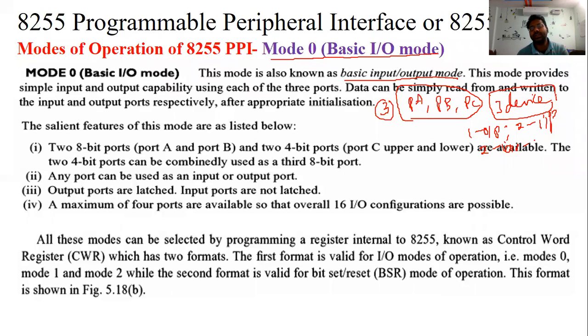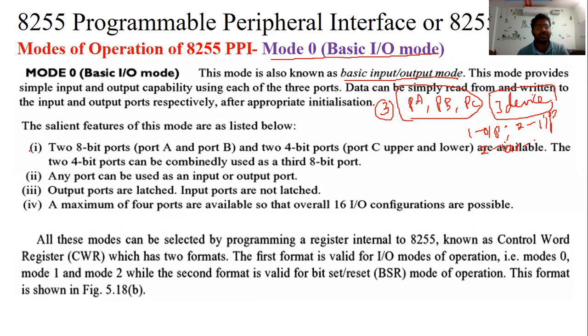You connect 3 different devices, but basic input output devices. In this mode, the devices you connect are, for example, printers, analog to digital converters, digital to analog converters, keyboards, as well as some LEDs.